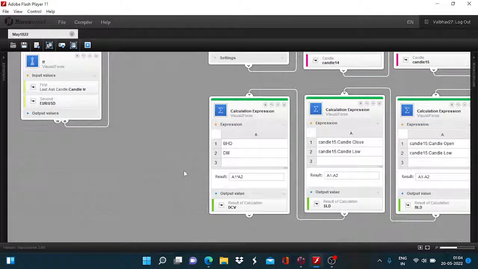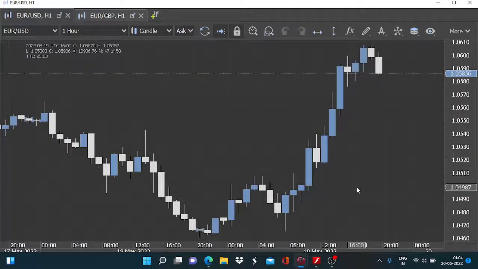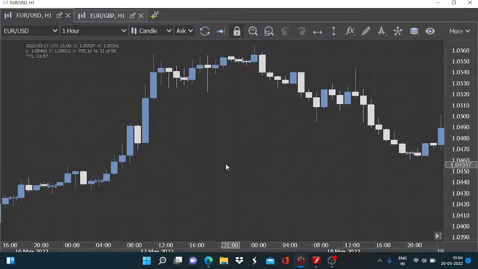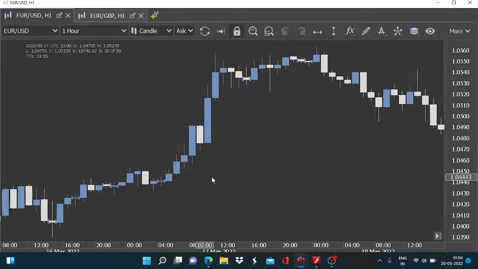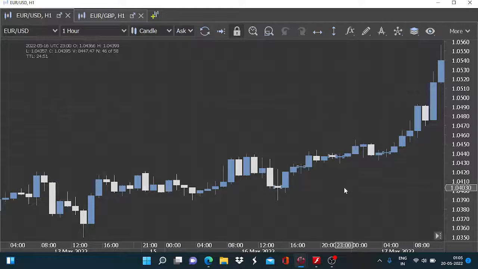So I will give you a brief refresher of what the logic is. This is the Euro USD chart defined for the hourly time frame. We want to trade with the trend, and for that we need the momentum to be bullish if we are going to look for the buy trade. So we are looking for the last doji candle to be a dragonfly, meaning we have the closing and the opening price of the last hourly candle concentrated closer to the top, towards the high price.